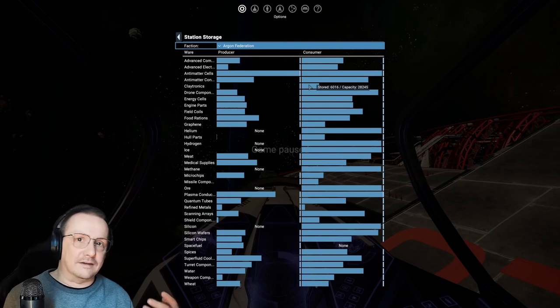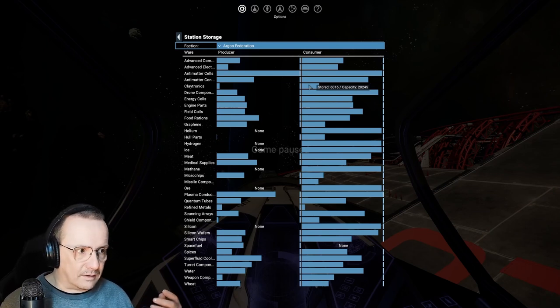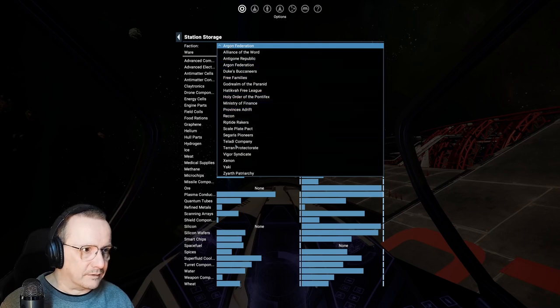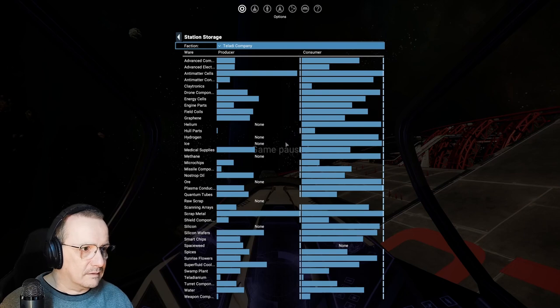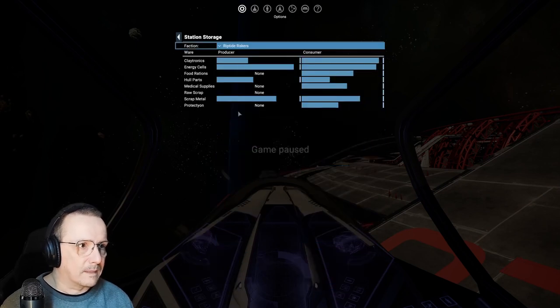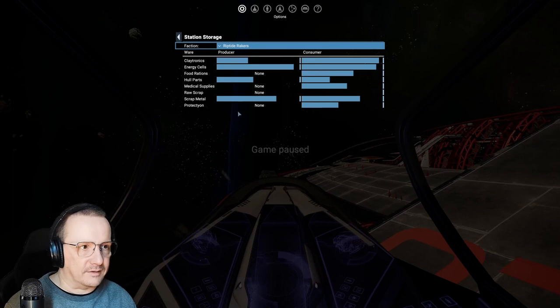So you can make trade decisions based on these. Let's just see something here. Energy cells. One thing you'll probably see a lot of is Riptide. Riptide's economy is very simple.